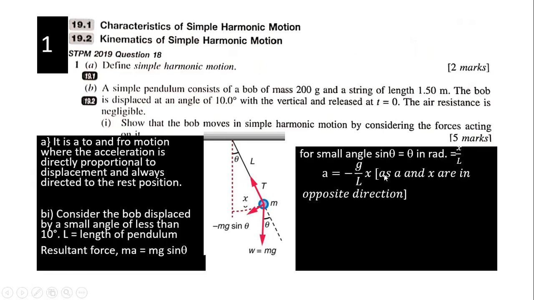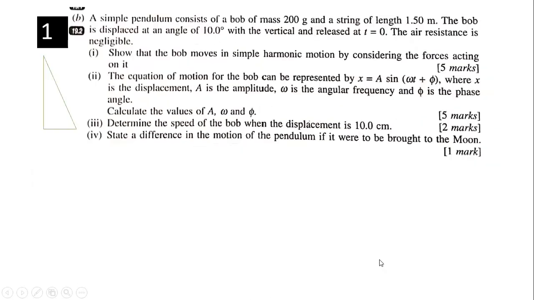I put a negative sign because a and x are in the opposite direction. a is going down, x is from the left. That's our rest position. So we have shown that g and L are constant, so your a is directly proportional to x and directed to the rest position. Negative sign there. That's all.